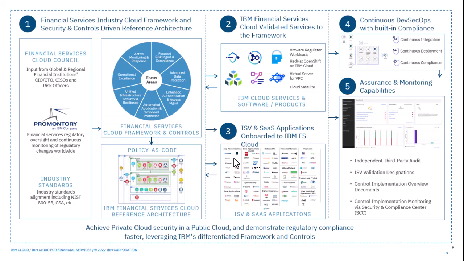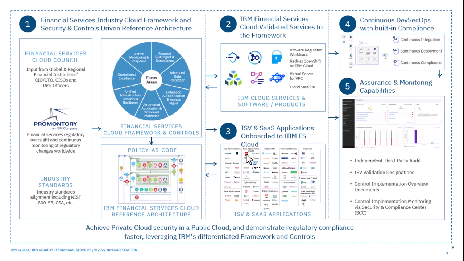IBM Cloud for Financial Services is designed to help clients mitigate risk and accelerate cloud adoption for even their most sensitive workloads. Security controls are built into the platform to enable financial institutions to automate their compliance assessment.